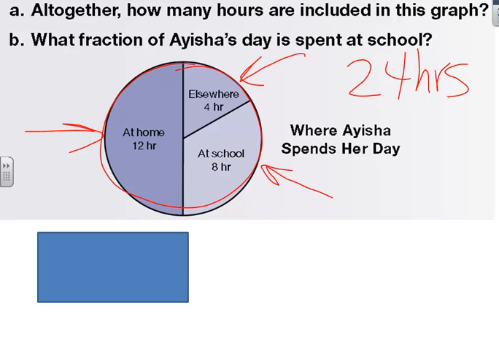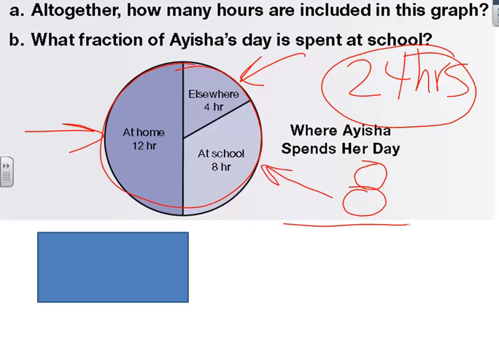So it asks us, how many hours are included in this graph? Well, we know that, 24. So our answer to A is 24. Now, what fraction of Aisha's day is spent at school? Well, how many hours does she spend at school? That's right, she spends 8 hours at school. How many hours are there in a day? Again, correct, 24 hours.